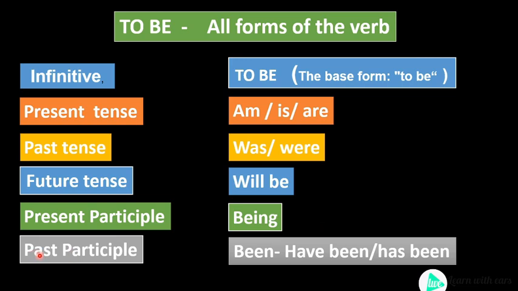Next is past participle. In this we use been with have and has. Have we use with plural subjects and has we use with singular subjects. Have been, has been.